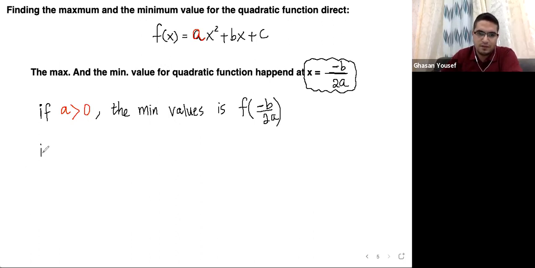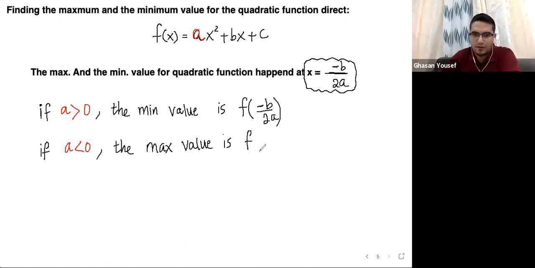But if a is negative, the function has a maximum value, and the maximum value is f of this point, minus b over 2a.